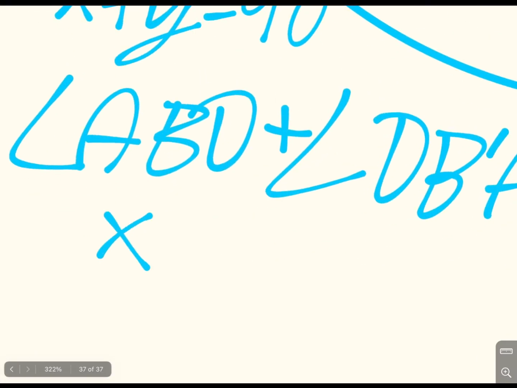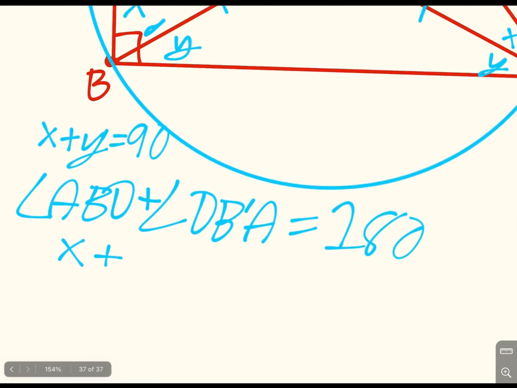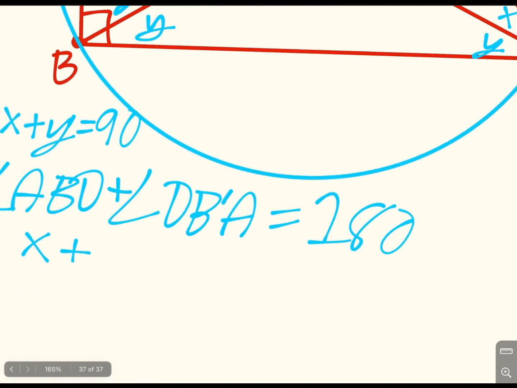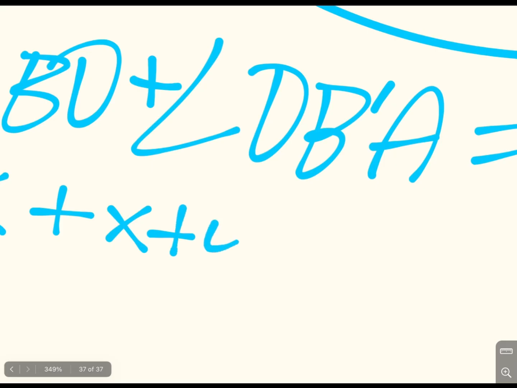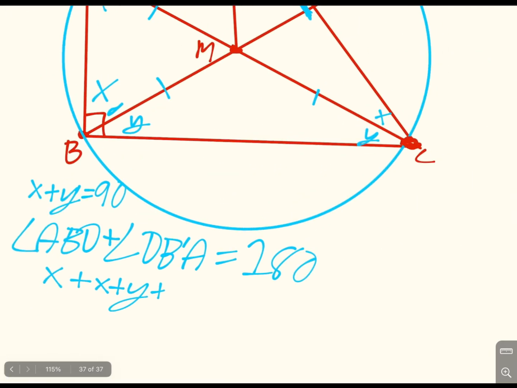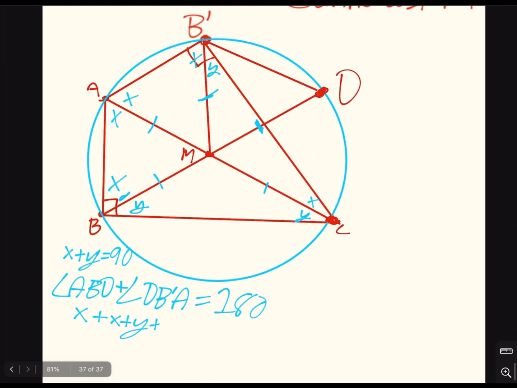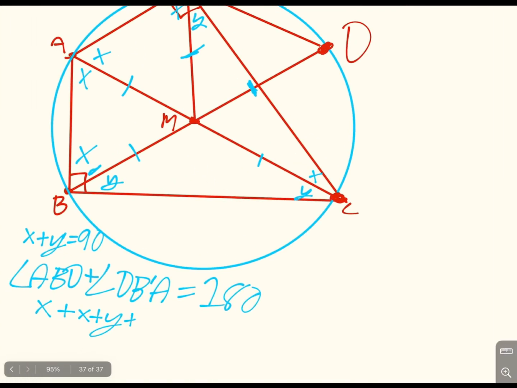Angle ABD would be x, and angle DB prime A would be x plus y plus the remaining angle that we need to check to prove that it's equal to y.